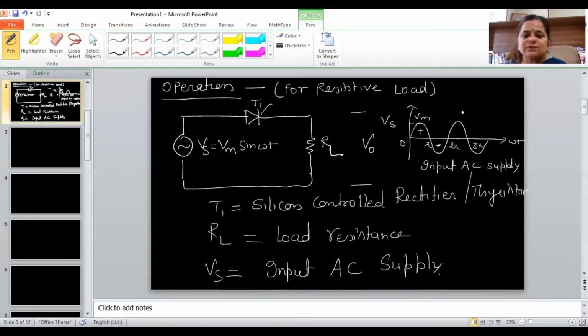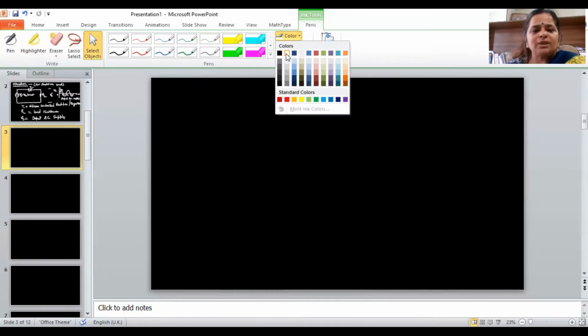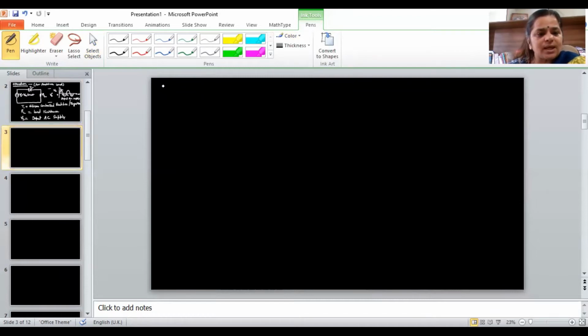So when the positive cycle is connected to the SCR, it will be forward bias, that means 0 to pi the SCR will be forward bias, and when the negative cycle of the AC input is there, the SCR will be reverse bias. So to understand the complete operation of this circuit, we have to split the operation into two half cycles of the AC input.